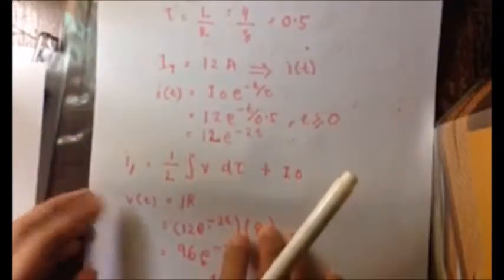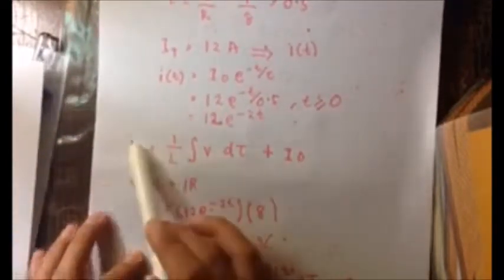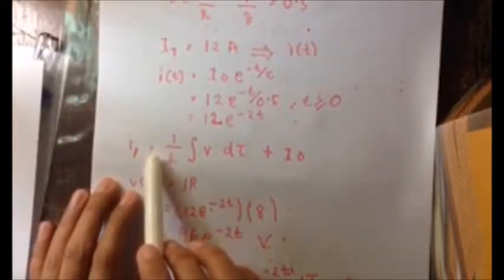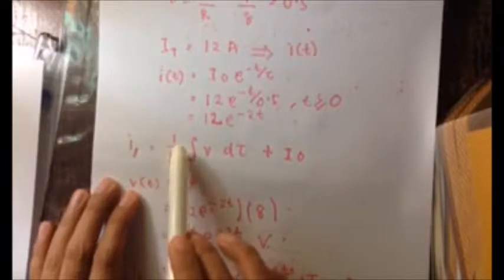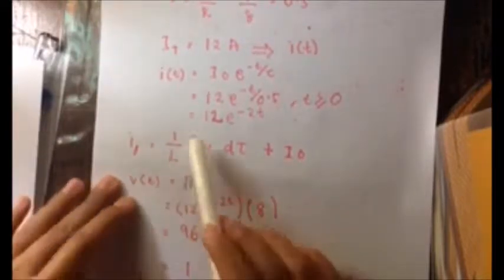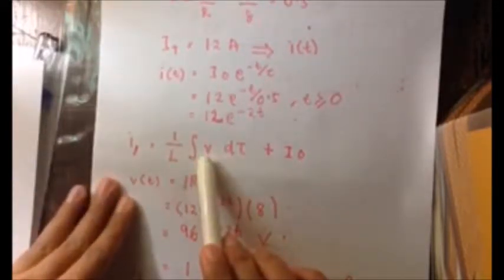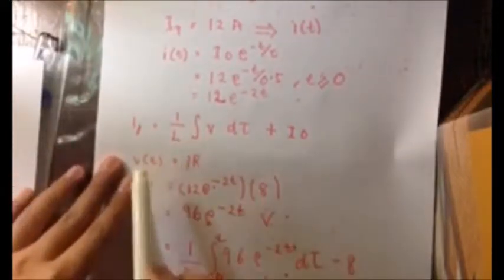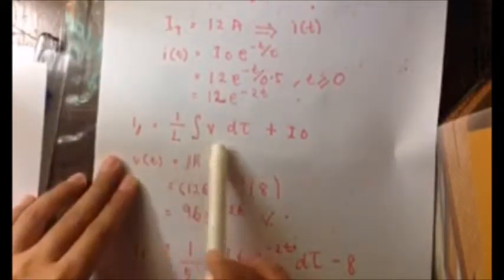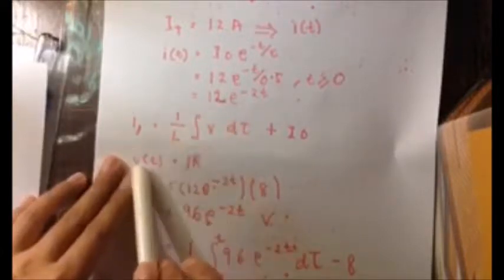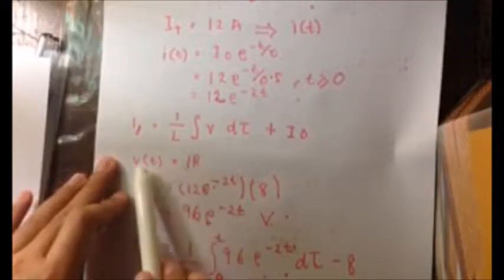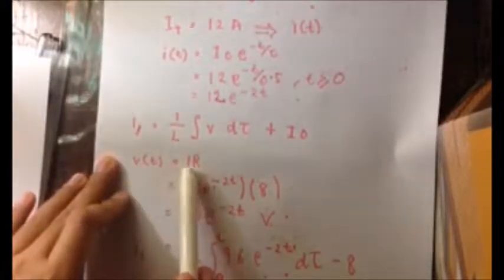Okay, next is to find the voltage. The equation is v equals 1 over L times the integral of V d tau plus I0. We don't have any V, so we need to find it using Ohm's law, Vt is equal to IR.